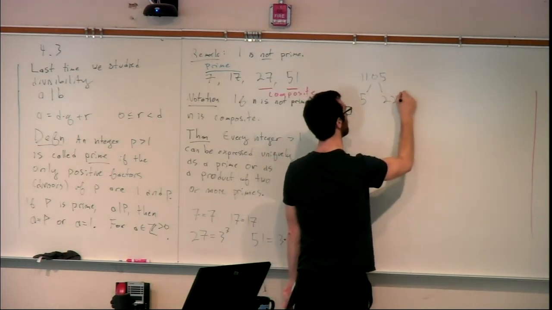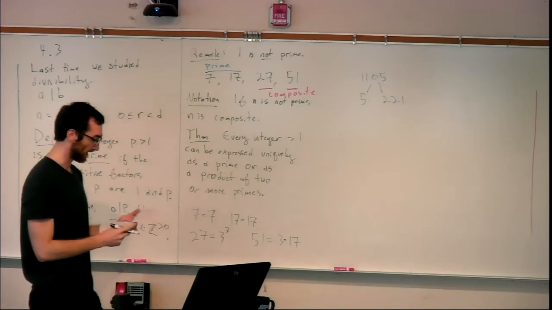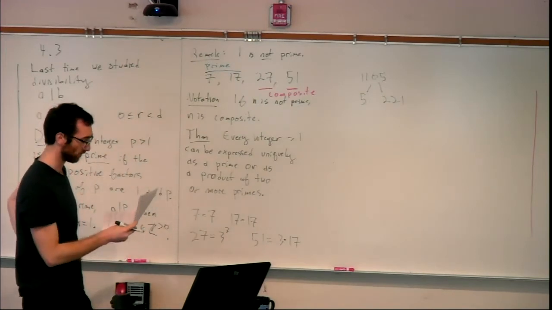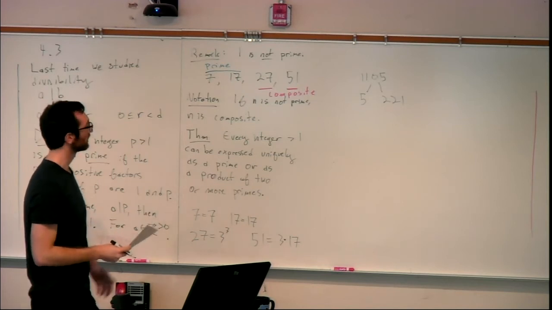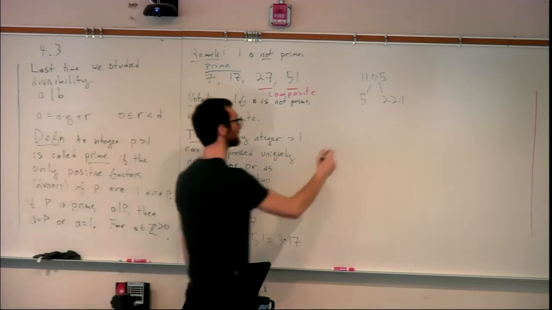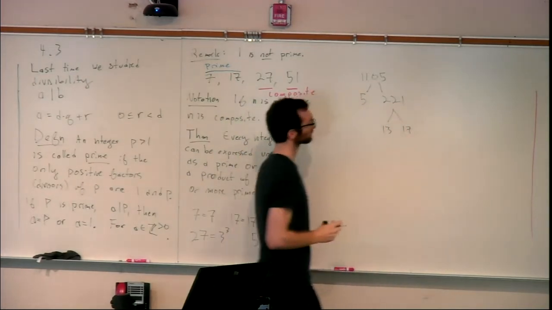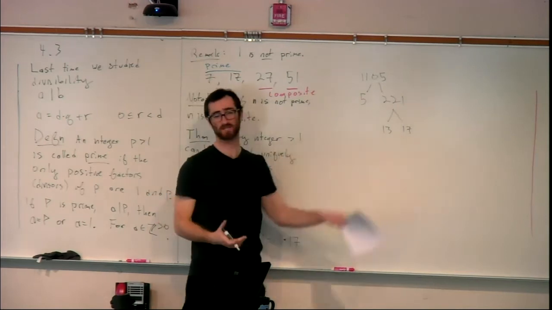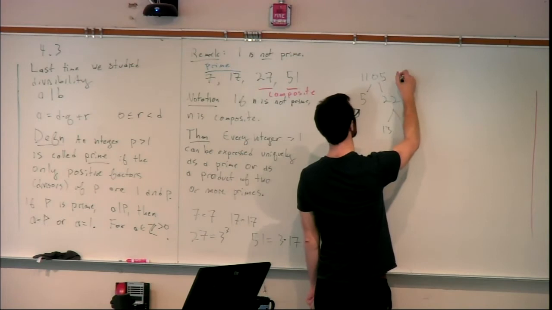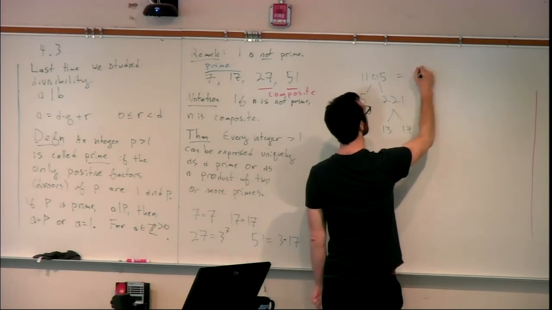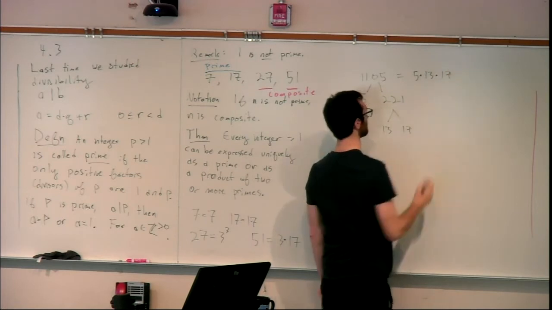And now I want to ask, what is the prime factorization of 221? And it turns out that 221 is divisible by 13 and 17. And 13 and 17 are both also primes. So the prime decomposition of 1,105 is 5 times 13 times 17.